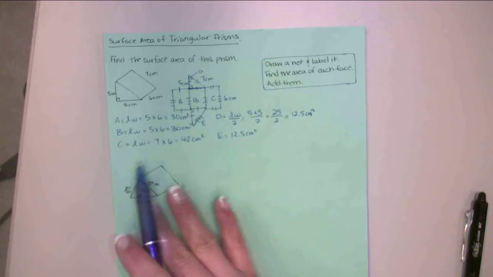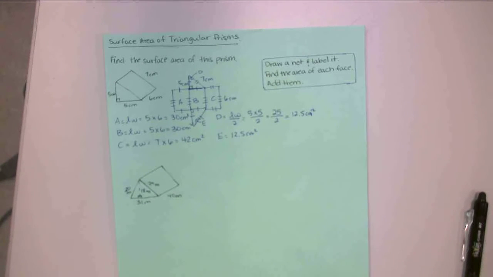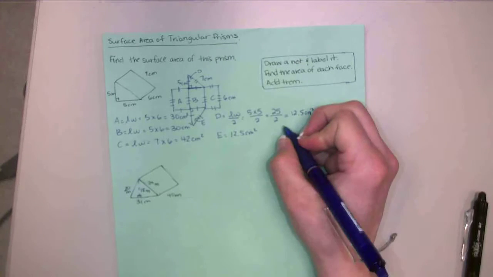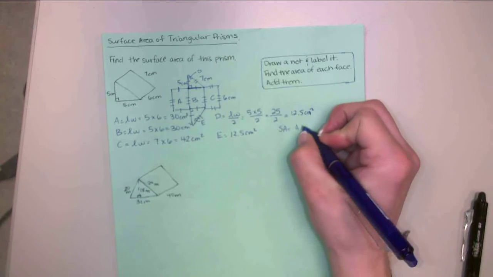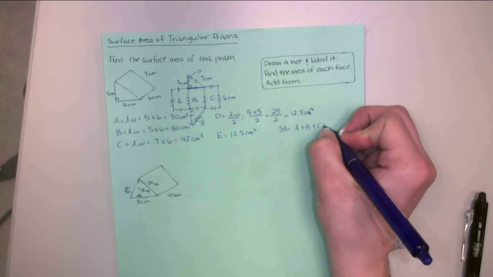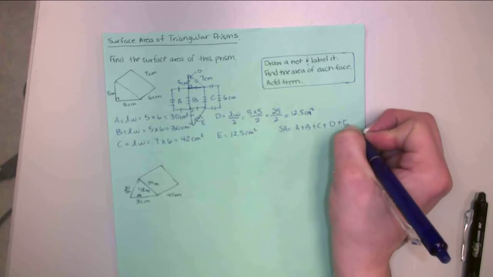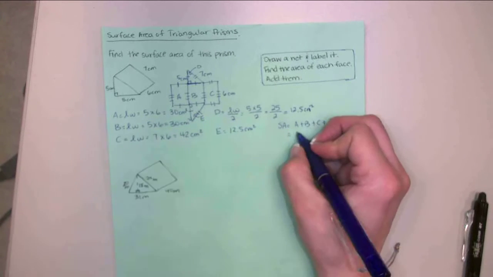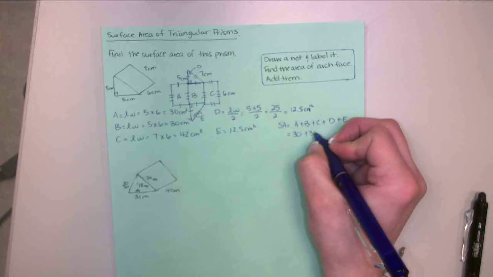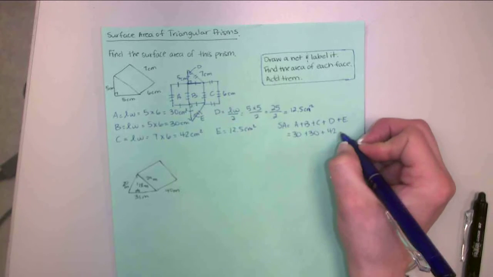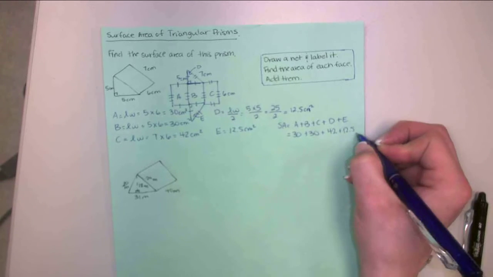Now, we found the area of each face. There's 5 faces in a triangular prism, so we need to add all of the faces together. I like to show it by adding all the pieces together. I have 2 30s, a 42, and 2 12.5s.